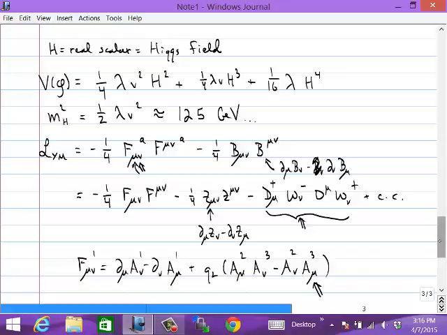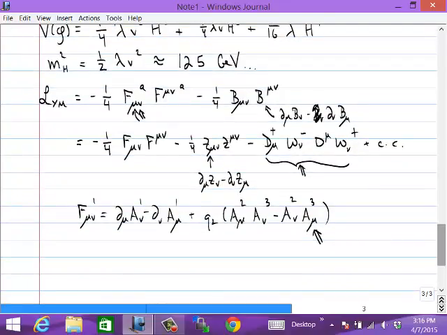And what linear combination would that be? Well, I'll just write down the answer for you so that we don't have to bother going through it. So here, d mu W plus, say, would be d mu minus i g2 A mu 3 times W plus.